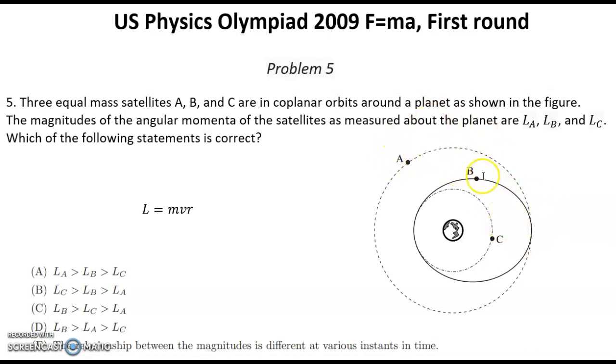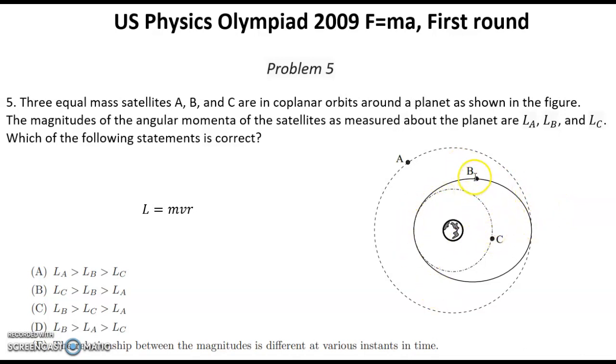Now let's compare angular momentum of satellite B and C. But now we can choose this point. In this point, velocity of C it's related to circular orbit of this C satellite, but B satellite has a greater velocity because the orbit is going by ellipse, which is greater than this circle.